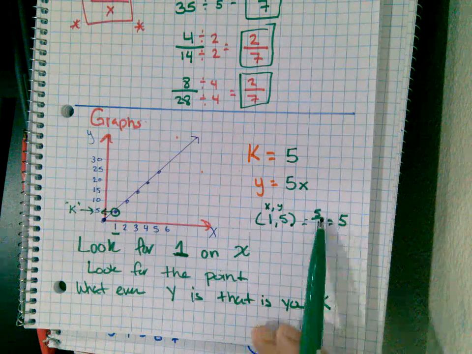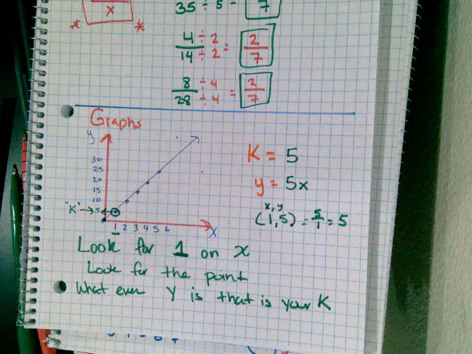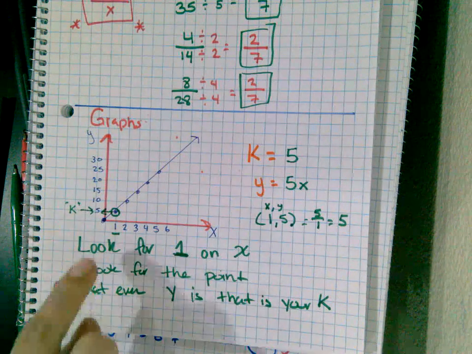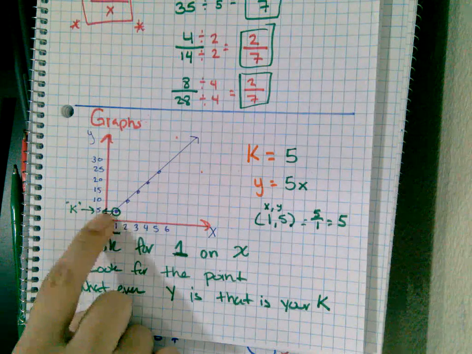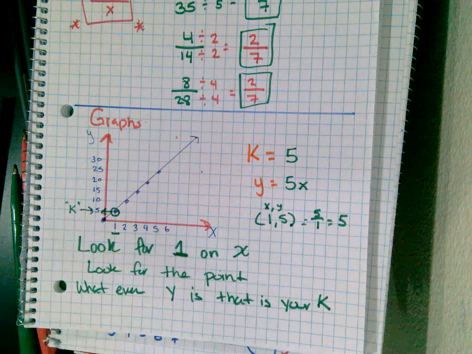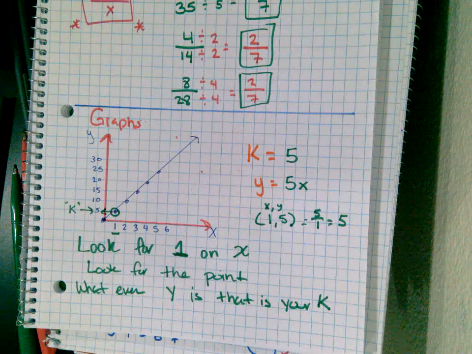So it would be 5 over 1. We still can use Y over X. Okay. This is the easiest one. If you have a 1, you go up to your point, wherever Y is, wherever the dot is on Y, that would be your K. But you got to find the 1. Okay? That's level uno.